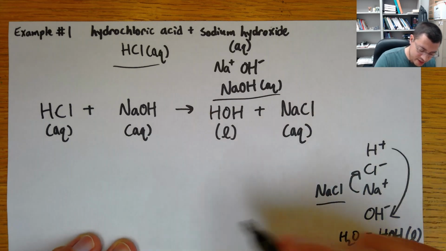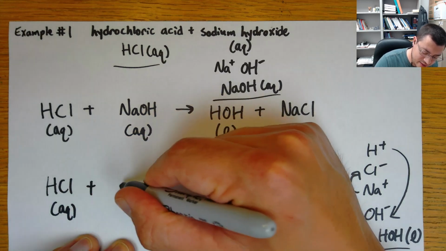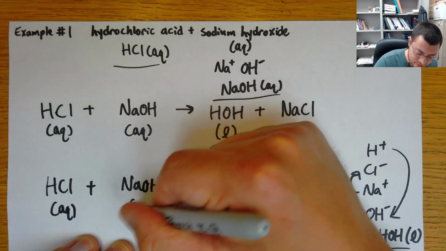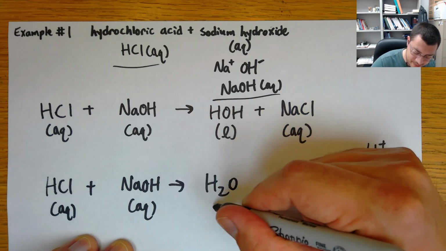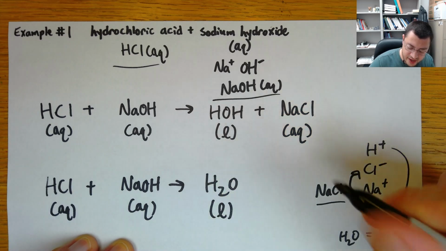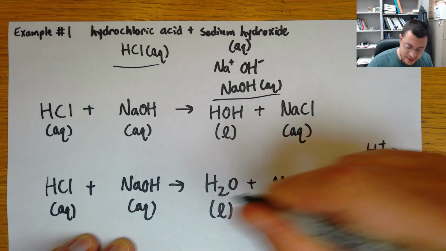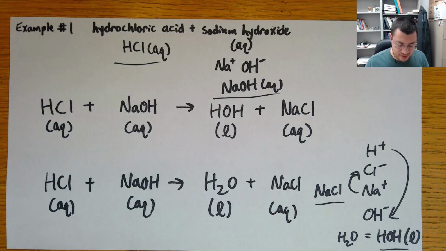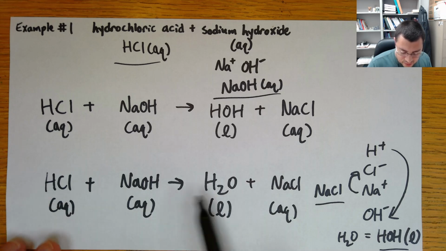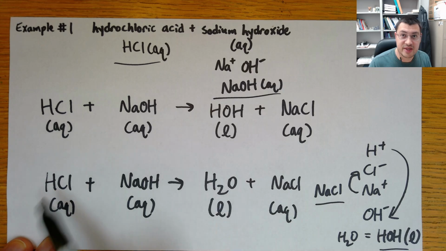But what if I'm going to do kind of the wrong thing here on purpose, just for learning purposes. What if someone wrote H2O here instead of HOH? Some students prefer this. They just like the look of H2O better. But just remember, when people see this, they may think, oh, both of the H's here came from the acid.